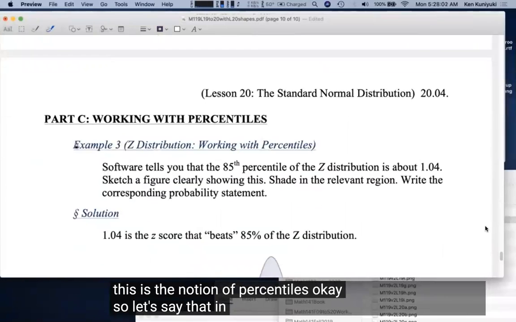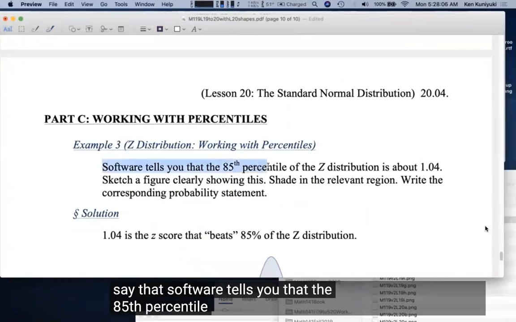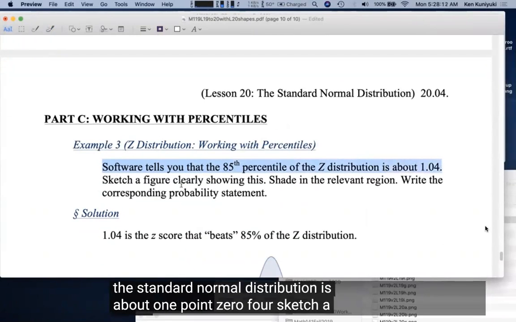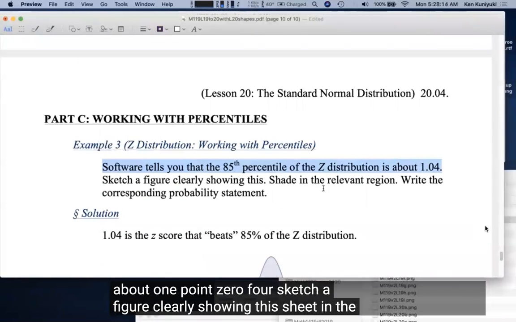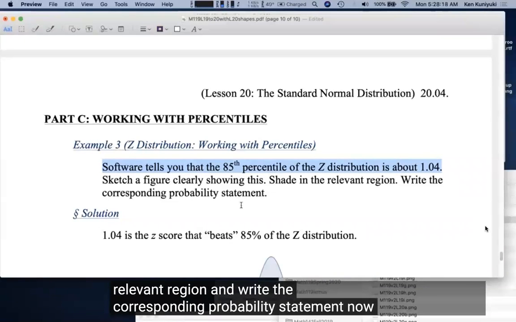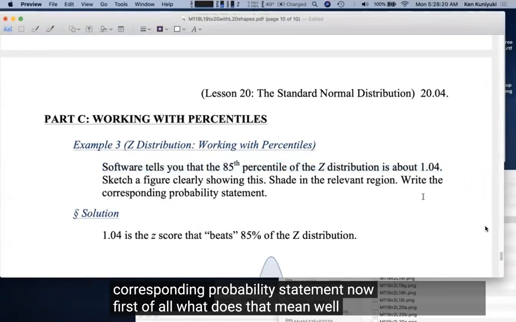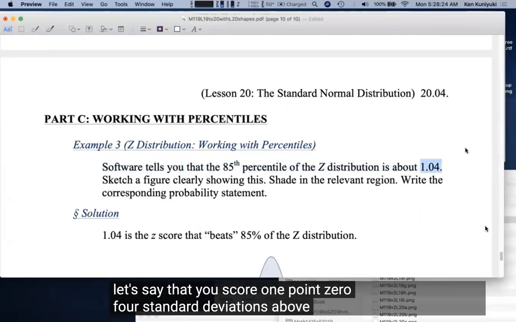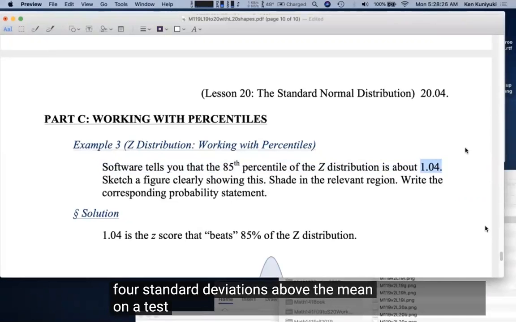So let's say that in example 3, software tells you that the 85th percentile of the z-distribution, the standard normal distribution, is about 1.04. Sketch a figure clearly showing this, shade in the relevant region, and write the corresponding probability statement. Now, first of all, what does that mean? Well, let's say that you score 1.04 standard deviations above the mean on a test.